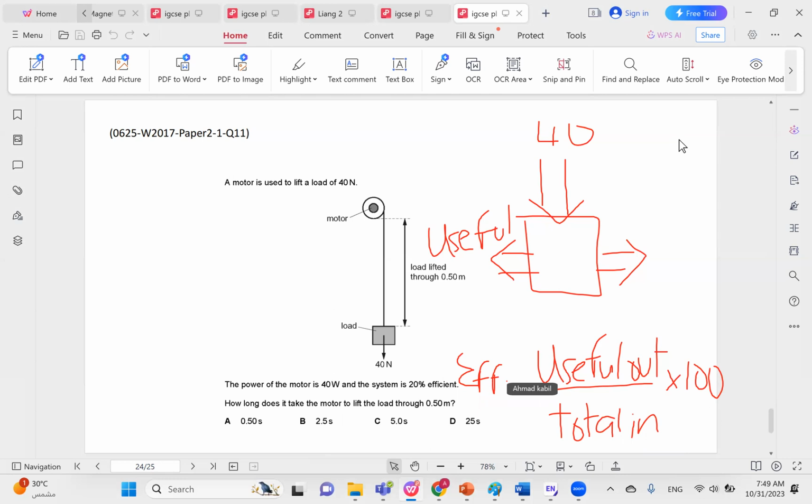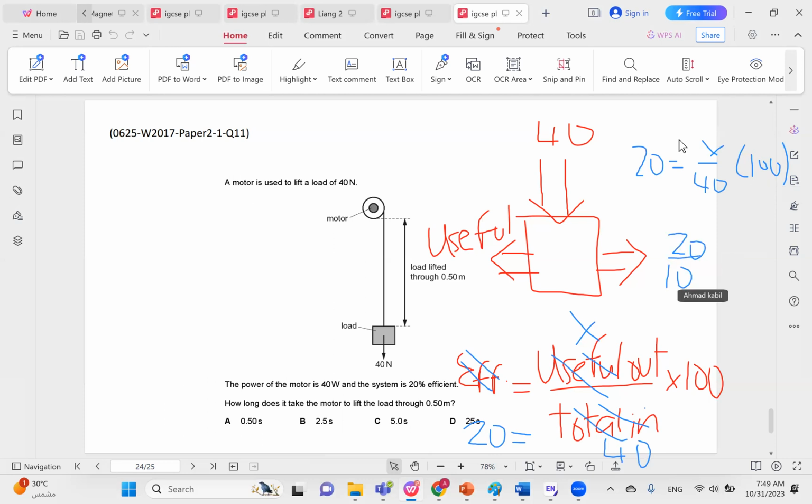So the efficiency here would be 20. And we want to get the useful output, so that would be X. And the total input here is 40. So 20 equals X over 40 times 100. We can take the 100 to the other side. So 20 over 100 equals X over 40.